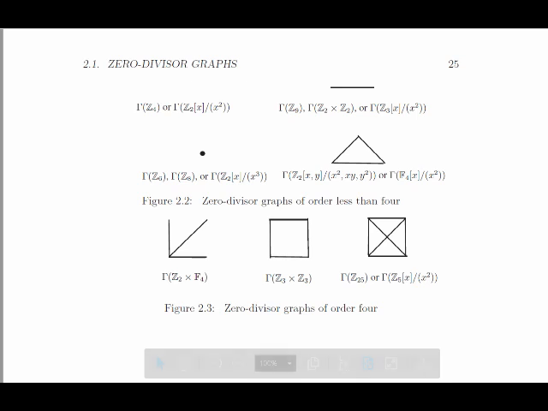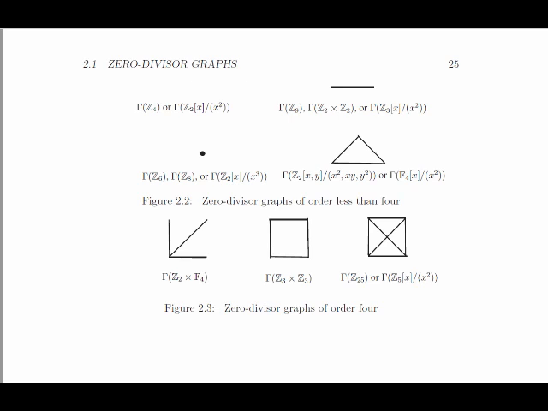Because remember what I told you, if you just give me a simple connected graph with 4 vertices, and you tell me find the ring where the zero divisor graph is that graph, the answer is no. What I mean with no is that we cannot always find such a ring.